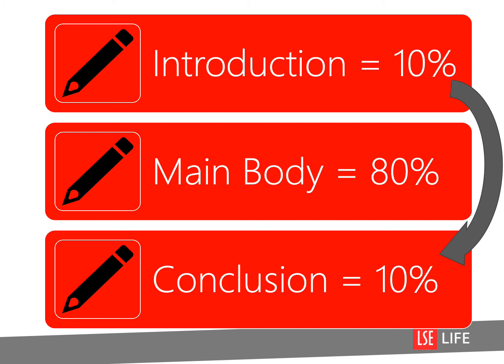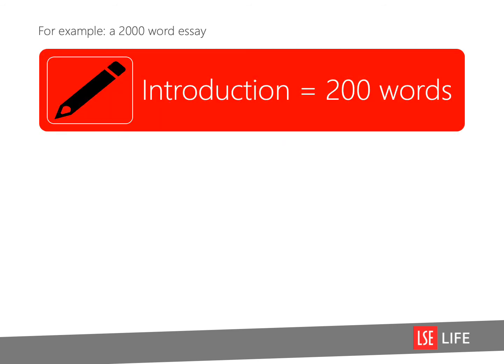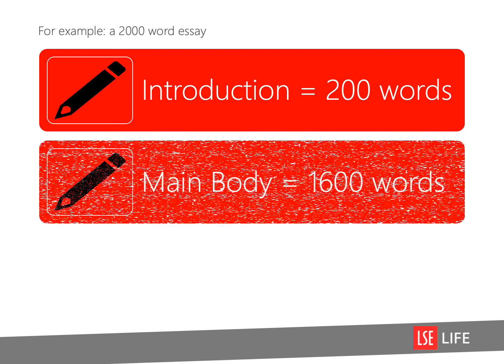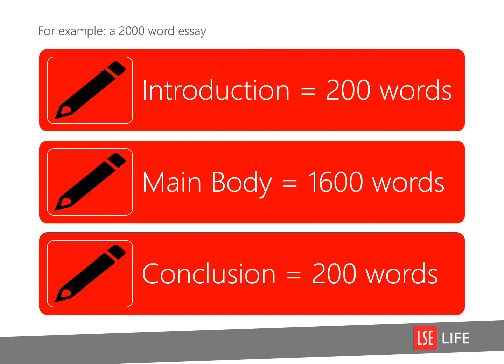So for example, your introduction could be more like 8% and your conclusion more like 12% or vice versa. But generally try to make sure these elements never exceed 20% of the overall word count. So for example, for a classic 2,000 word essay, your introduction would be around 200 words, the main body would be 1,600 words, and the conclusion would be around 200 words as well.